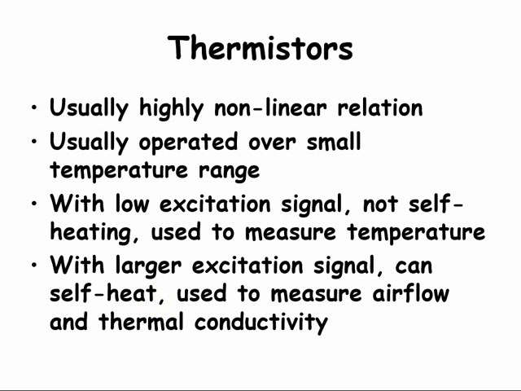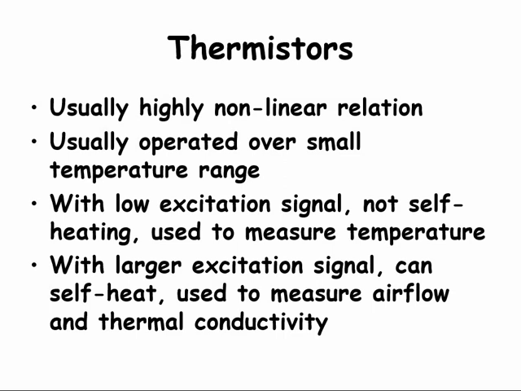Thermistor temperature coefficients are usually nonlinear, so they are usually operated over small temperature ranges. Thermistors are commonly used when you need to measure small temperature differences over a short temperature range. Low excitation signals are used to avoid self-heating when measuring temperatures.